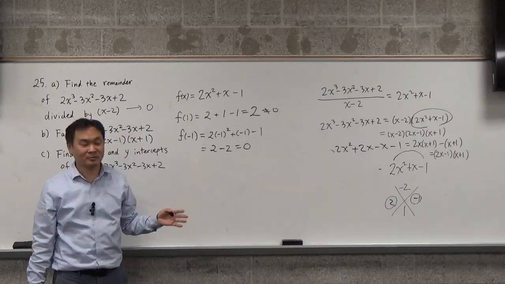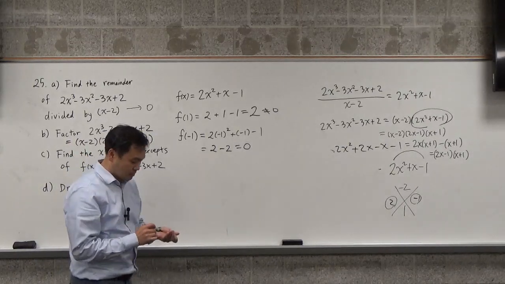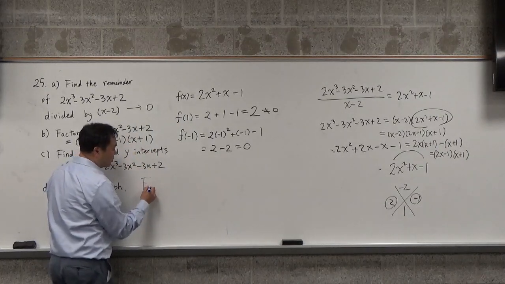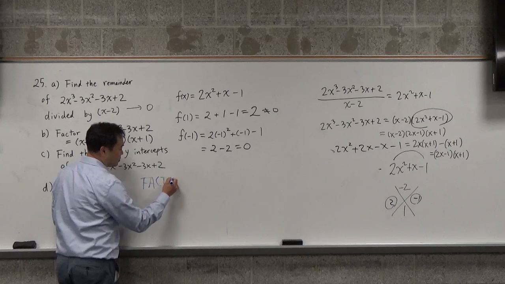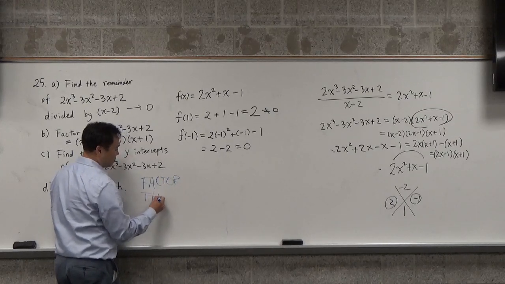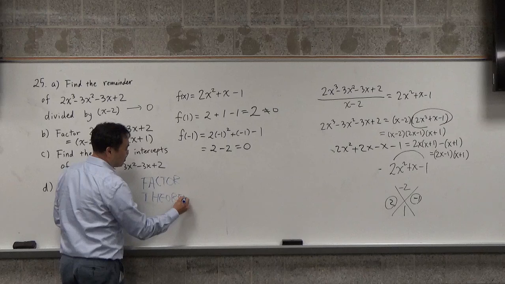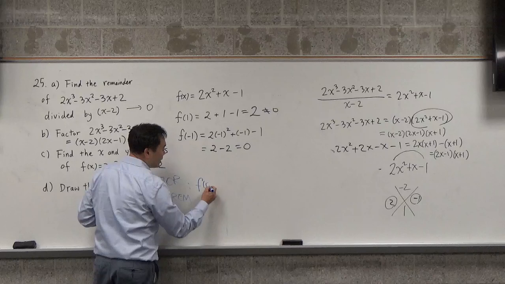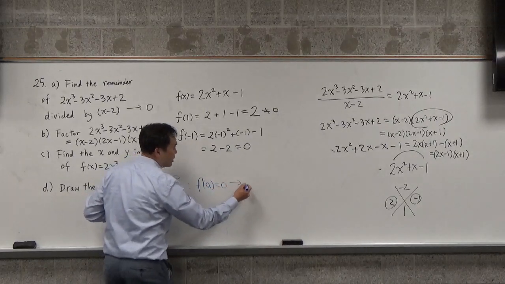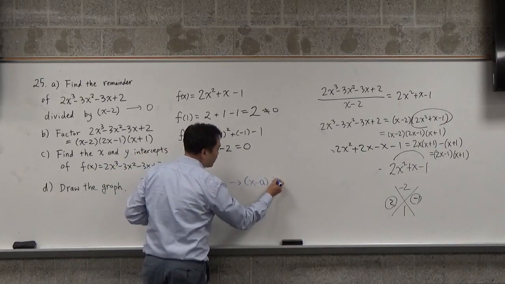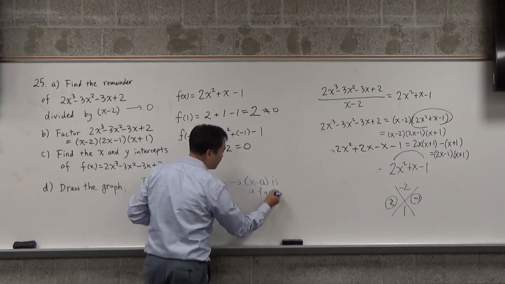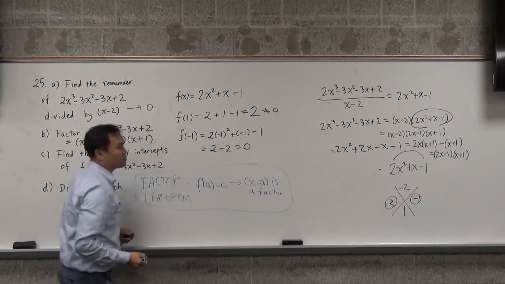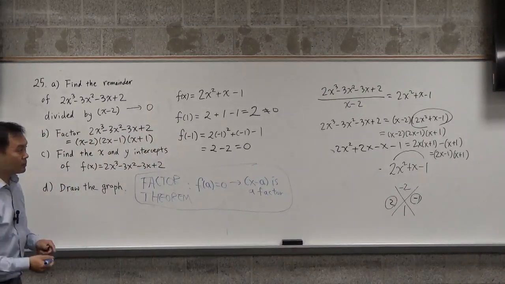So the factor theorem is that if you have f of a equals 0, then x minus a is a factor. A very important theorem. You should know this, okay?